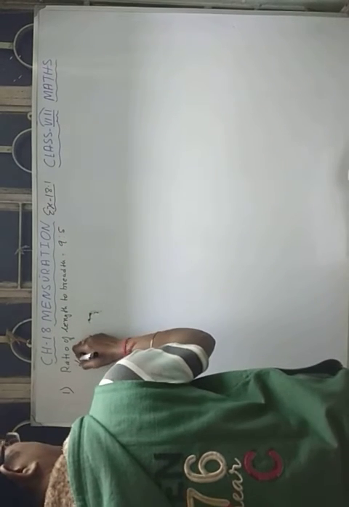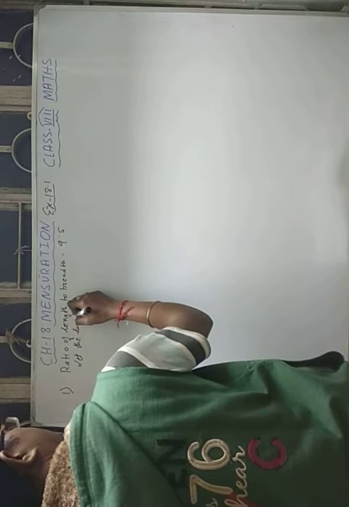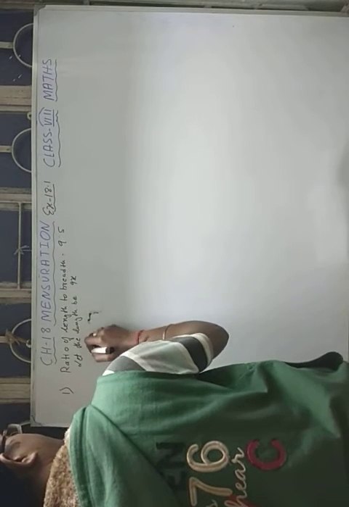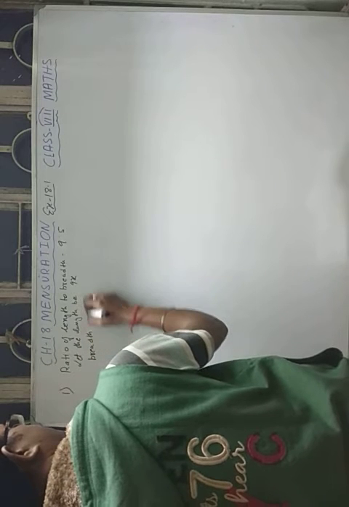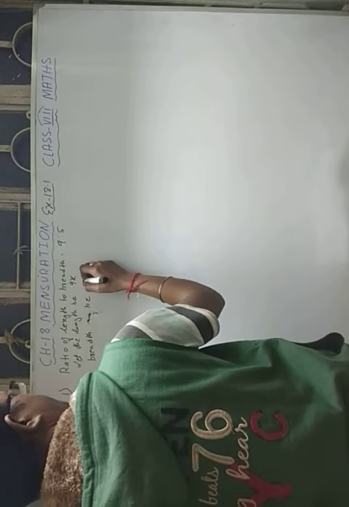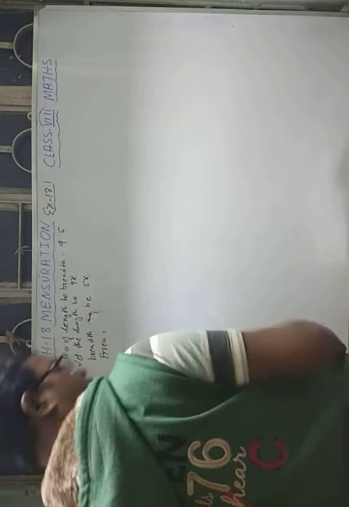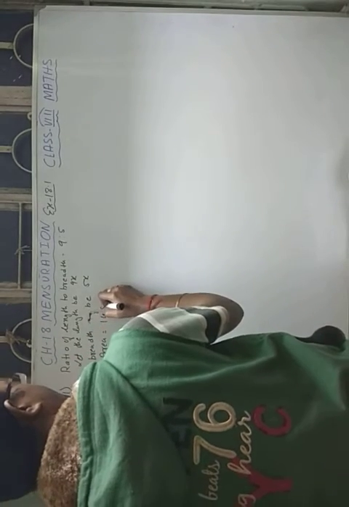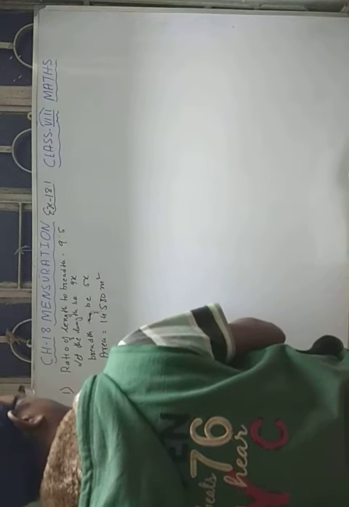So let the length be 9x and breadth be 5x, and here the area is given. Area equals 14580 meter square.